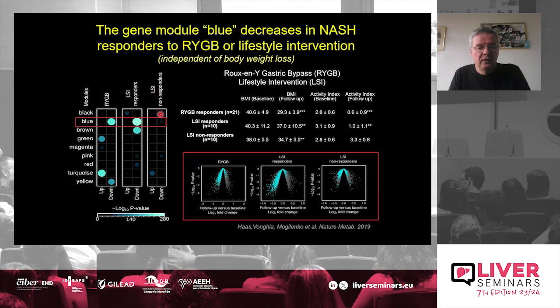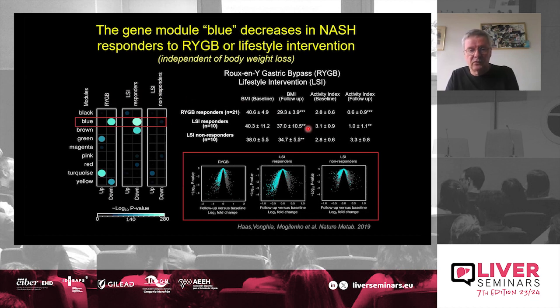And so as you can see, we see here a blue cluster in which the genes are generally downregulated when the patients respond to either Roux-en-Y gastric bypass, which most patients respond to with respect to NASH status, as you probably know, but also the lifestyle intervention responders, whereas the non-responders do not respond. So quite interestingly, these responses were independent of changes of BMI in these patient groups.